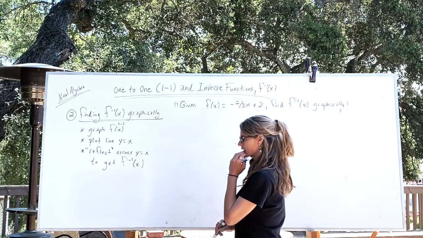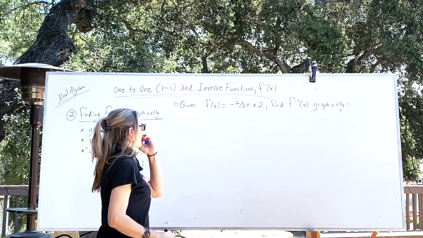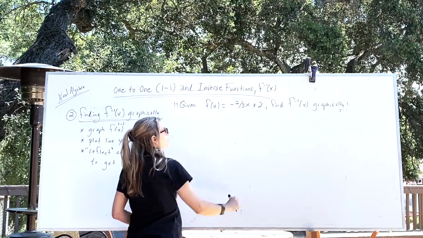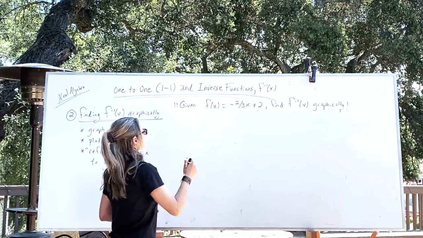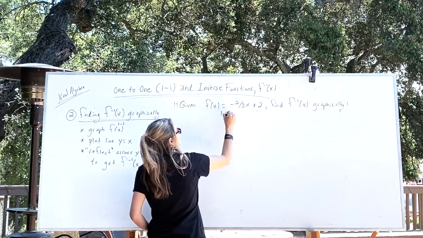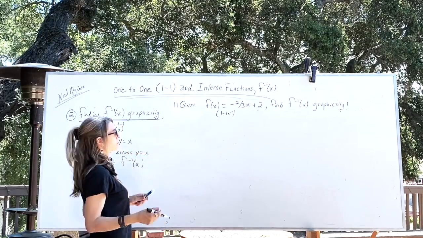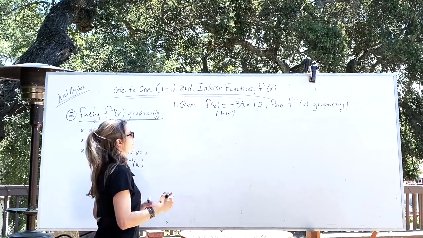So we're going to find the inverse graphically. What we want to do is start with some ordered pairs. We note that again this is a one-to-one function, that's a check. It's a linear function, so automatically it is a one-to-one function.